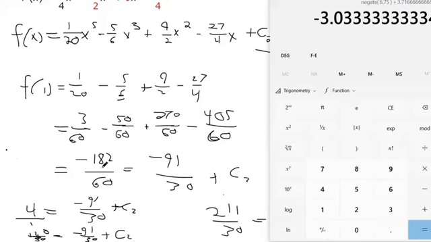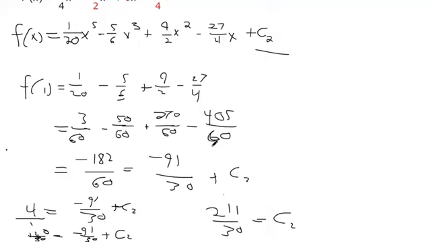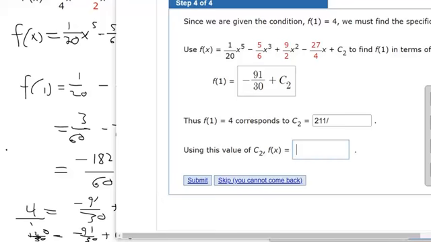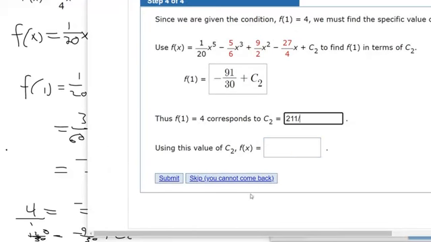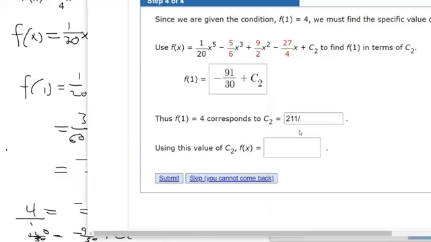No, it looks like my fraction work was right. The WebAssign doesn't specify the decimal, but they're asking for a decimal answer here. So 211 over 30, I think, is what we got. 7.033.